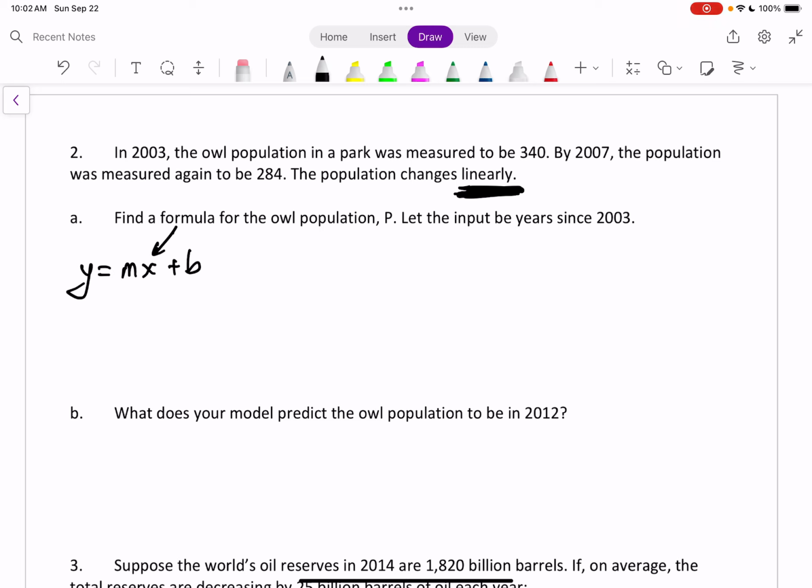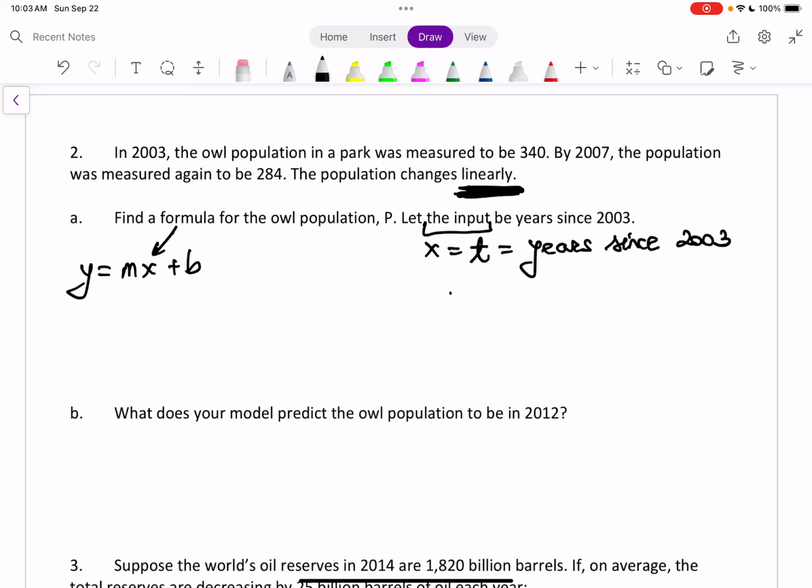And let the input, the input by us, is the x value. You can leave it as an x. The input is always x, but let's just call it t for time, since that's what it represents. Let t be years since 2003.